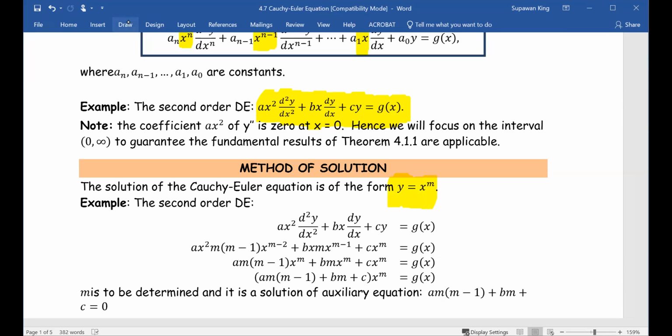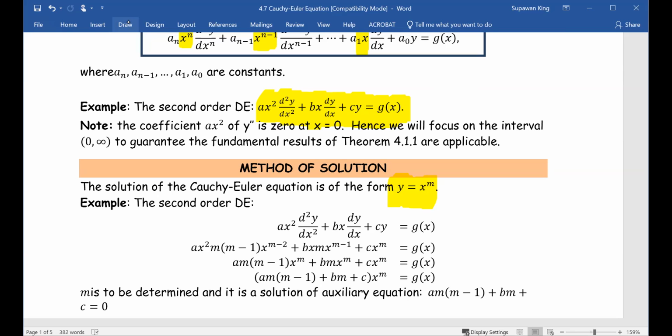For the constant coefficient equation, the trial solution is in the form of e to the power, right? Because when you find the derivative, you have the same exponential form, and the only thing that changes is the constant coefficient, depending on the power of e.